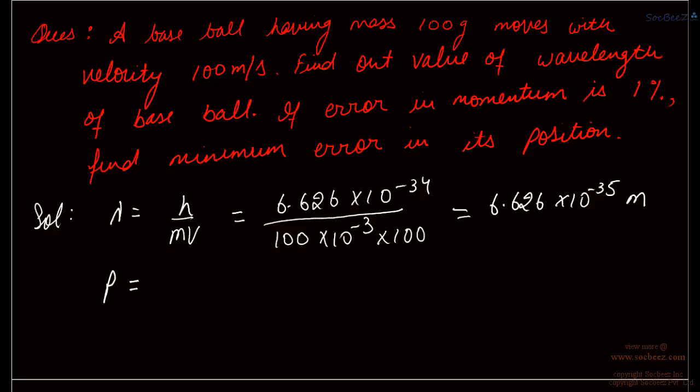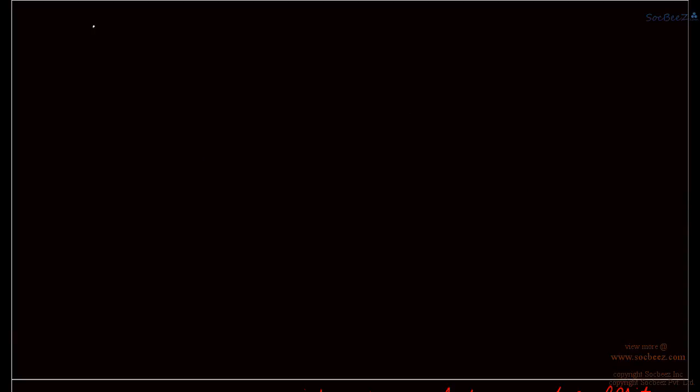Okay, so the value of momentum P is velocity, 100 meter per second, into mass, 100 upon 1000. So the value of momentum is 10 kilogram meter per second. Okay. Now we are given 1% error in momentum.